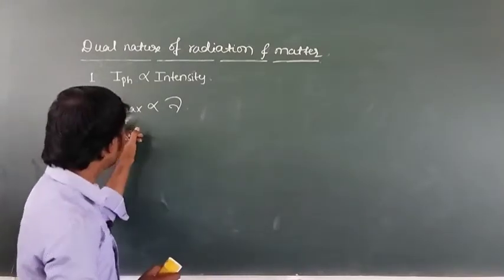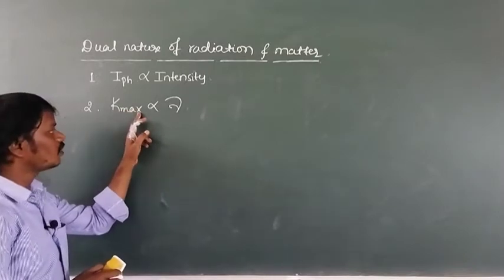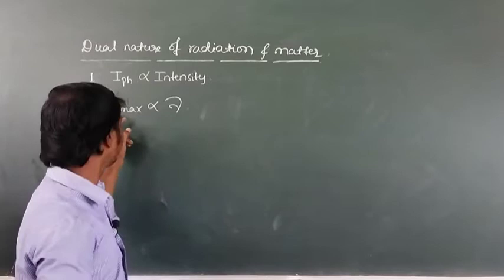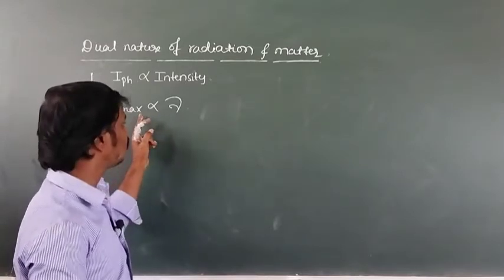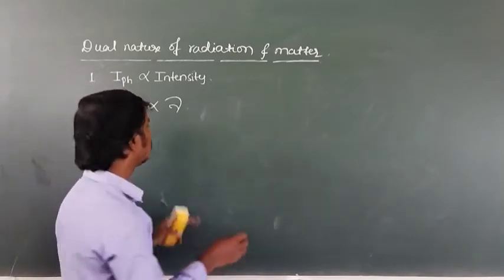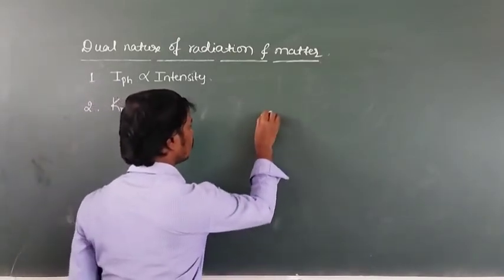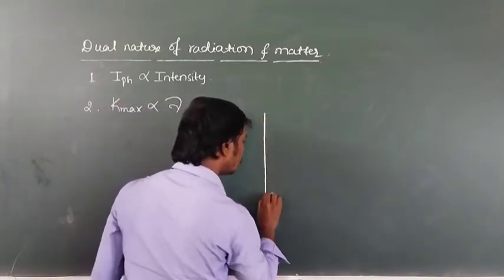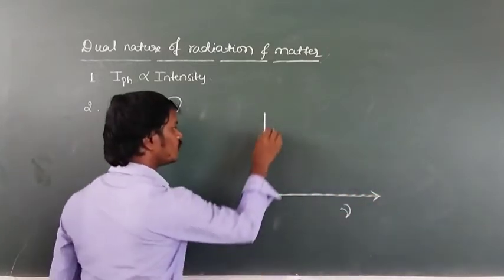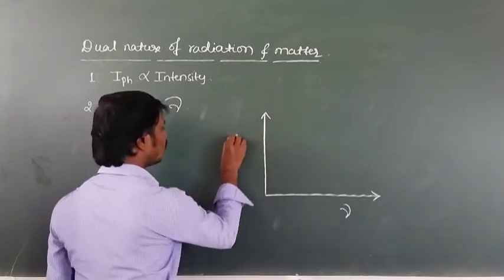So the kinetic energy of ejected electrons is directly proportional to the frequency of incident radiation, but independent of the intensity of incident radiation. So let us plot the graph for this one, kinetic energy versus frequency. Along the x-axis frequency is taken, and along the y-axis kinetic energy.